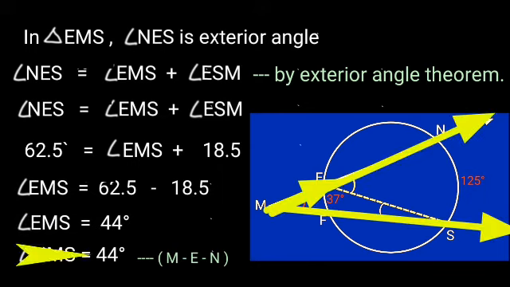But E is a point between M and N, hence we write the name of that angle as NMS is equal to 44 degrees.